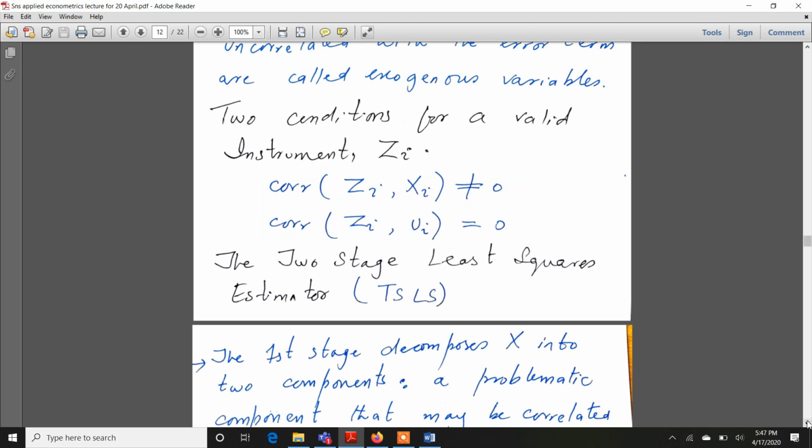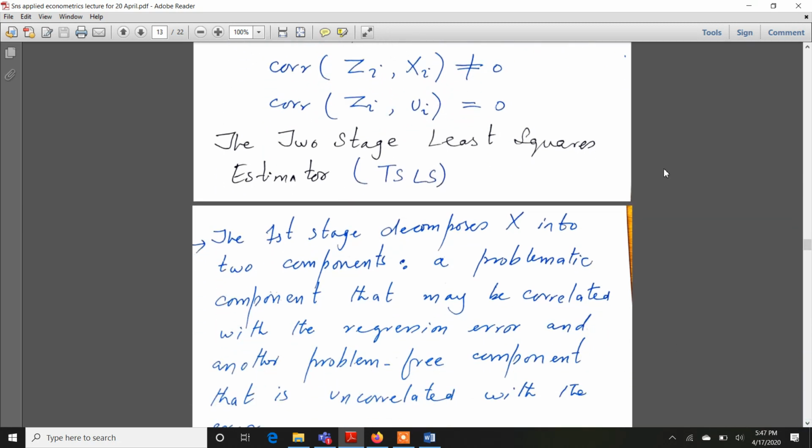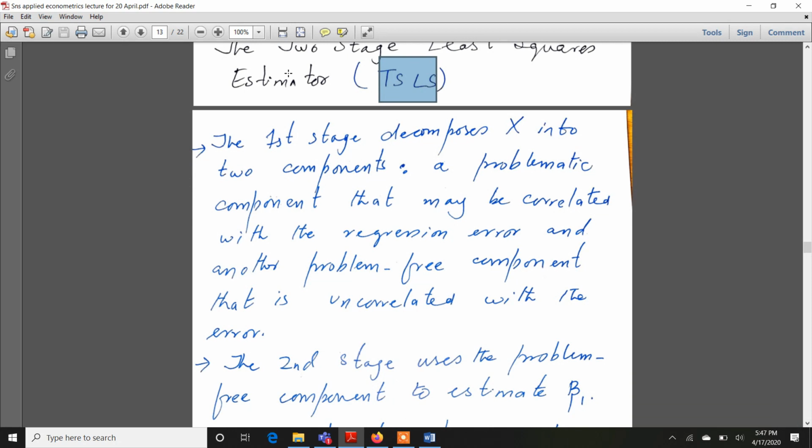So how do we use it? Let's say the first methodology, the two-stage least squares method, often abbreviated as TSLS, right? In the first stage, we decompose x into two components: a problematic component, which is correlated with the regression error, and a problem-free component, which is uncorrelated with the error.